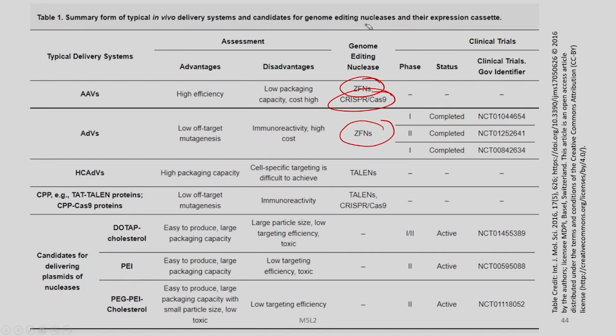And this slide is important to understand the status of the clinical trials of these particular delivery platforms. Here information is not available, or they are not being put forward for clinical trials. But here you can see that for the ADVs, one clinical trial has been completed, as well as a phase 2 clinical trial.